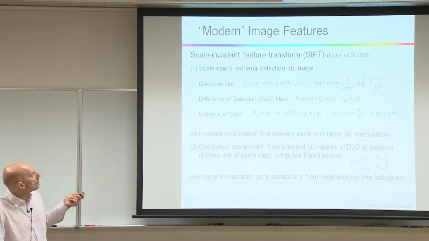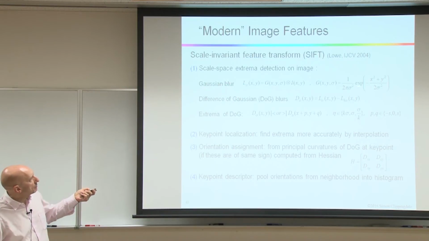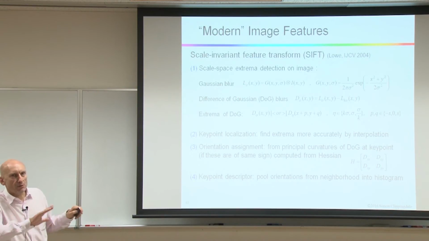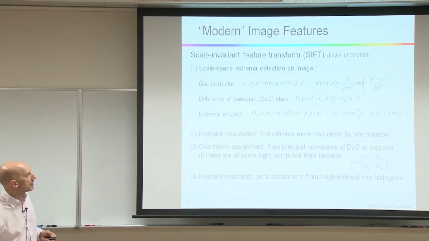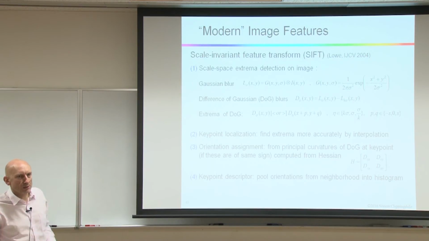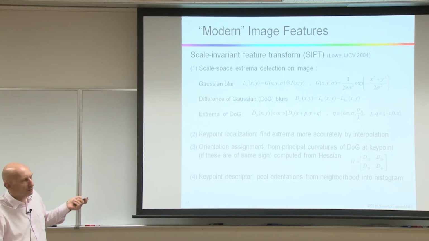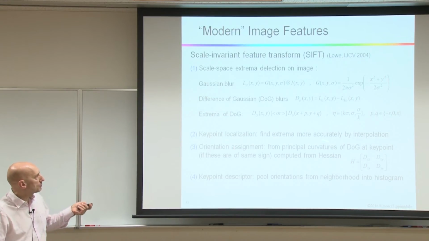Another feature that's been popular is the so-called scale invariant feature transform, which was invented by David Lowe in Canada, where you do some Gaussian blurring first. This is blurring the image to a number of different extents, and then you take the difference between successive levels of blur and look for maxima and minima in that. Find some key points and the orientations of the signal around them, and create a thing called a key point descriptor.